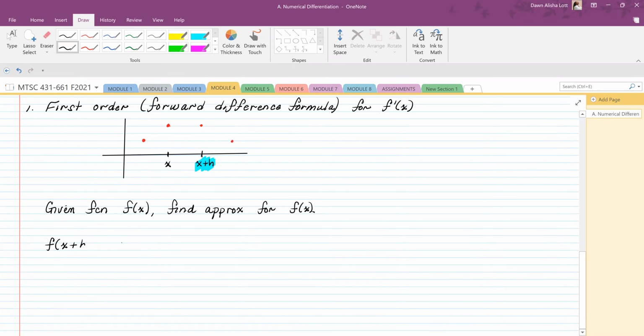I now want to derive the second order forward difference formula. This one, the error is going to go down by h squared.